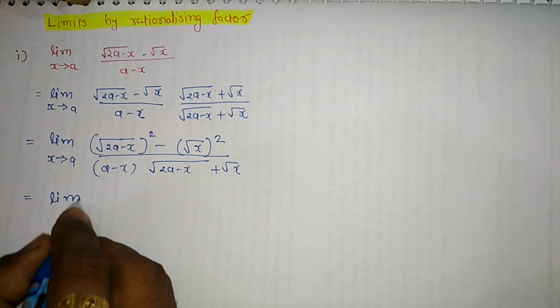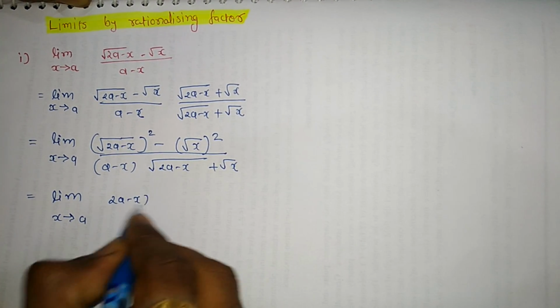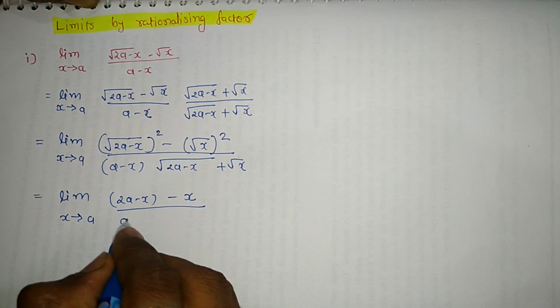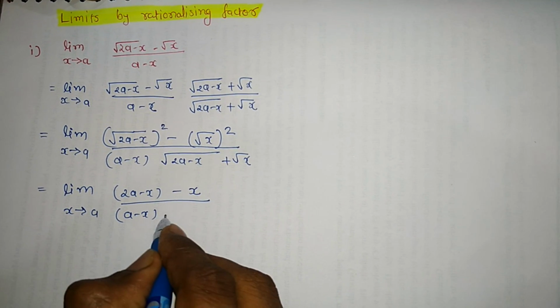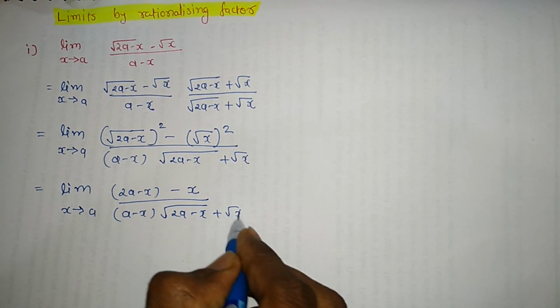That will be limit x tends to a, 2a minus x minus x upon a minus x root 2a minus x plus root x.